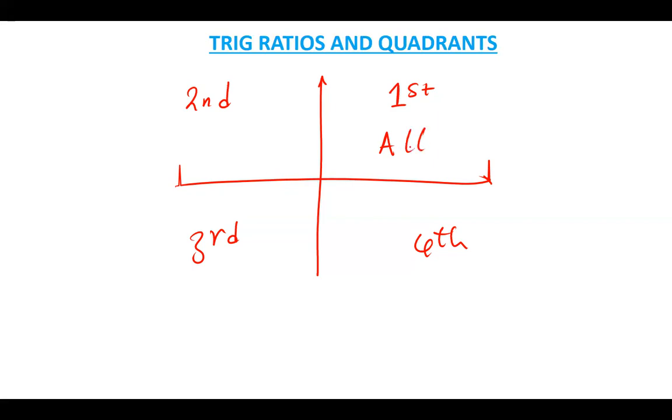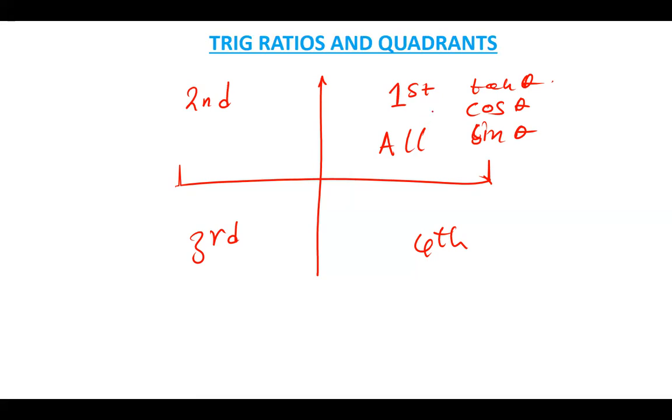So here we say all trig ratios in short. Let me not say all angles, but all trig ratios, because in the first quadrant we have all trig ratios. Cos theta is positive there, sine theta is positive in the first quadrant, and even tan theta will be positive in the first quadrant.